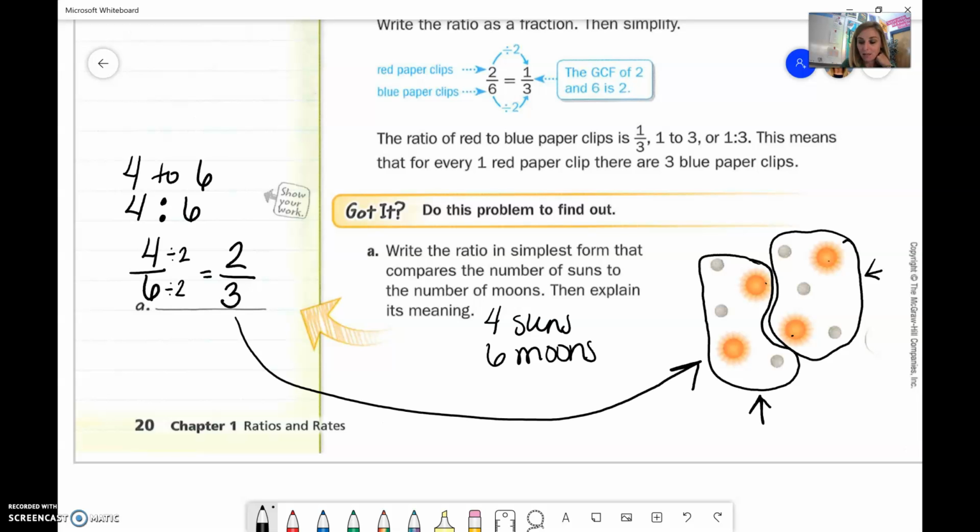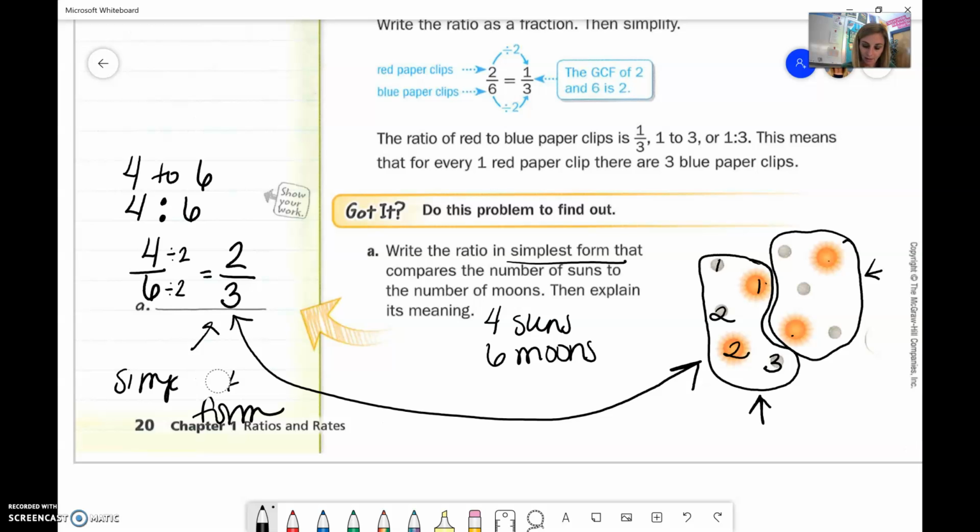For every 2 suns, 1, 2, there are 3 moons. 1, 2, 3. Did you see how I just made that what is called simplest form?